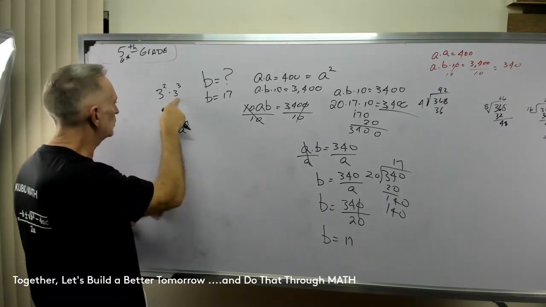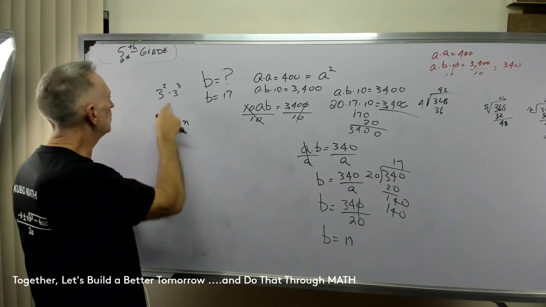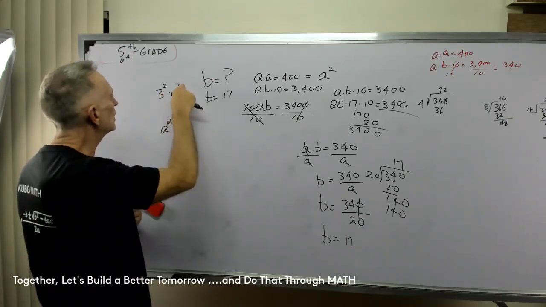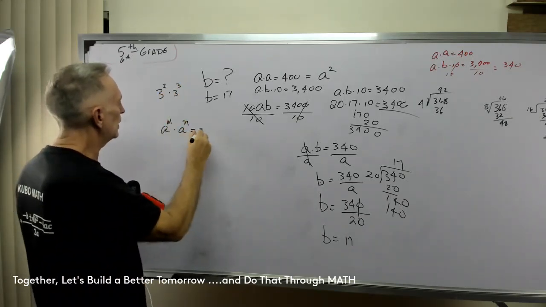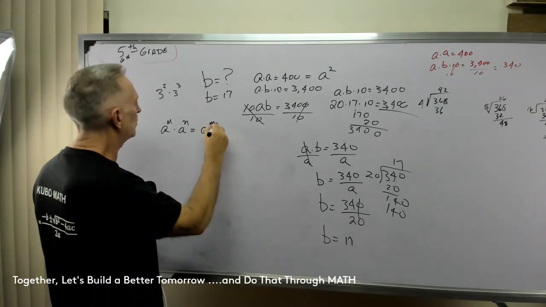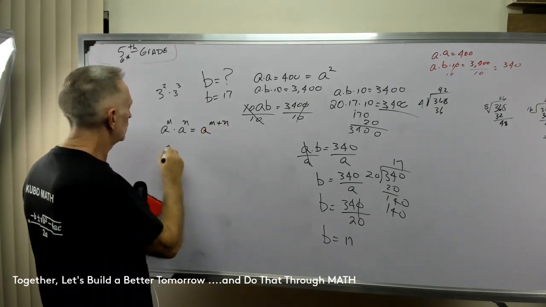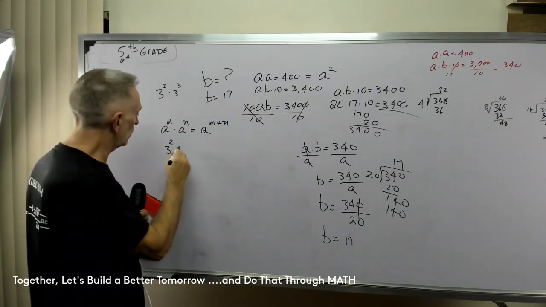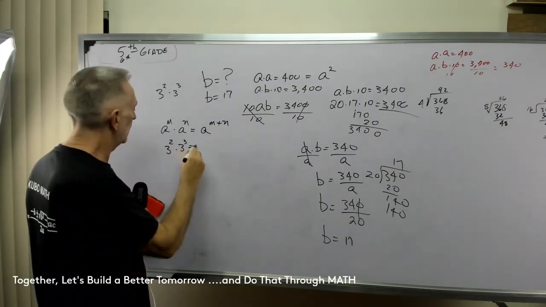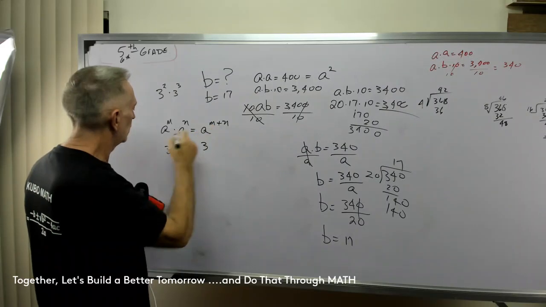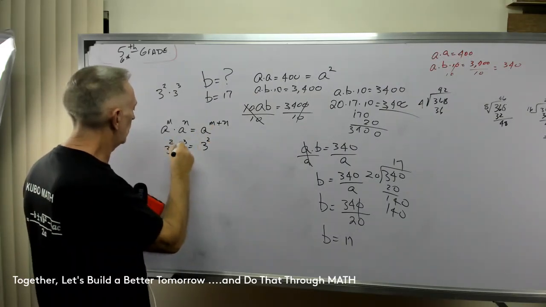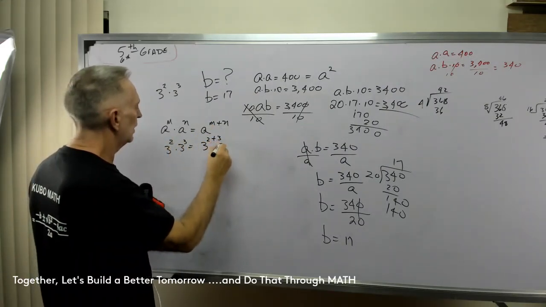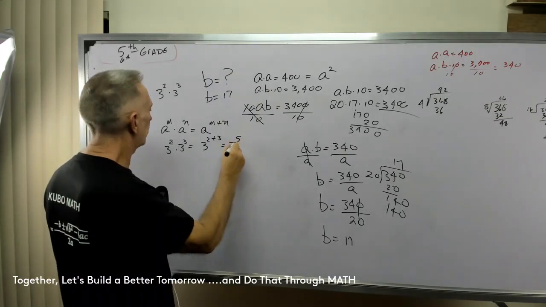A in this case is 3. M is 2. N is this 3. So this equals a to the m plus n. So if I have 3 to the second power times 3 to the third power, that equals 3 to the 2 plus 3. And that equals 3 to the fifth.